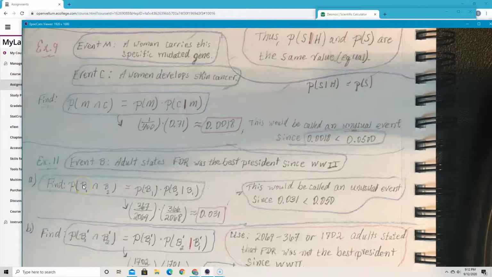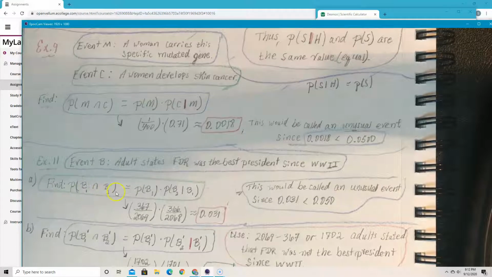B1. The first adult picked is one who stated FDR was the best president, and the second adult picked also stated FDR was the best president. What's the probability of that happening? The first person and the second person are both stating that FDR was the best president since World War II.